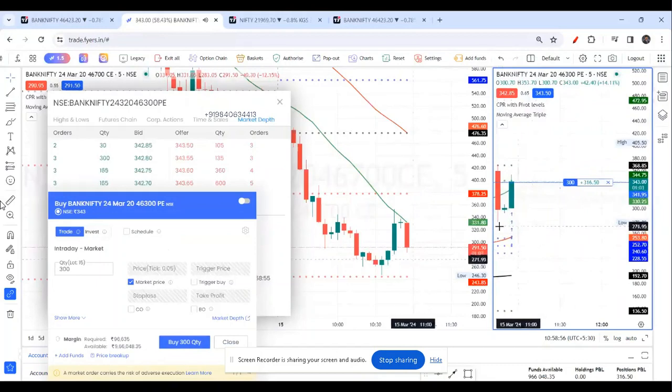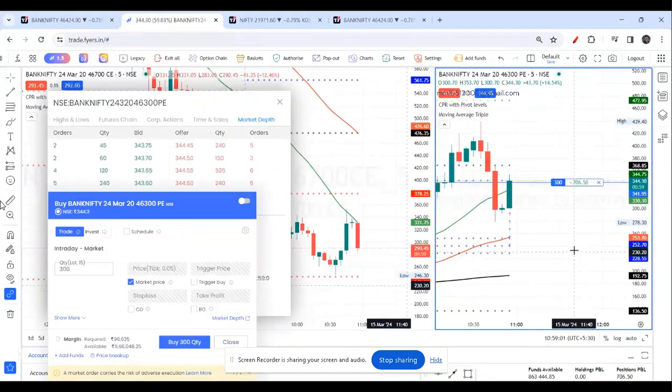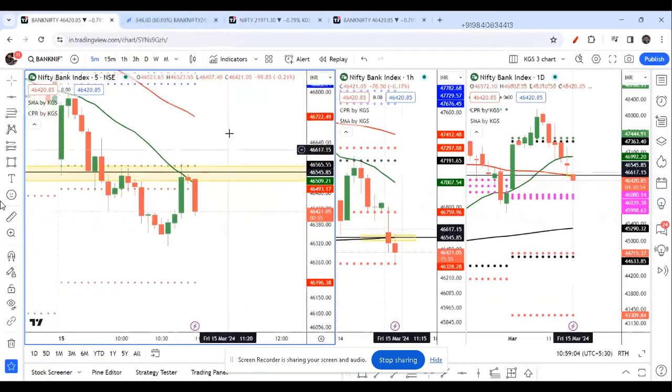We've taken 20 lots put option. Average is 342. Will add up slowly.